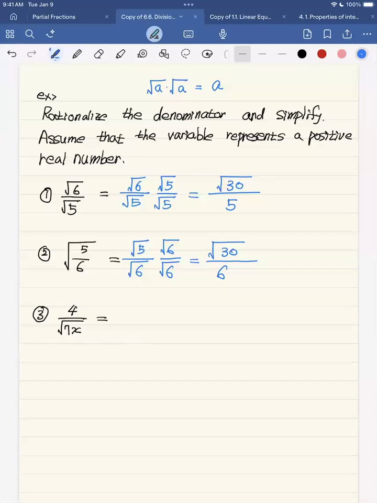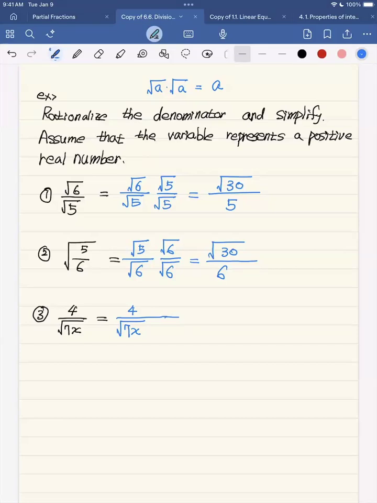In the following problem, we have 4 over square root of 7x. It doesn't matter whether just numbers are written under the radical sign, or the radicand contains x or some symbolic notation.